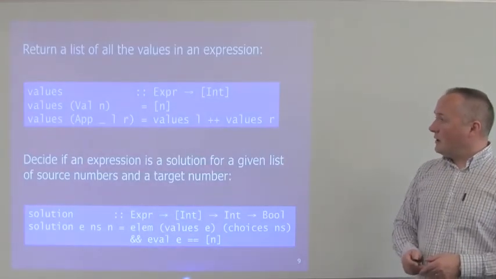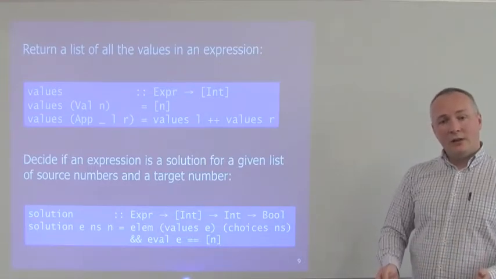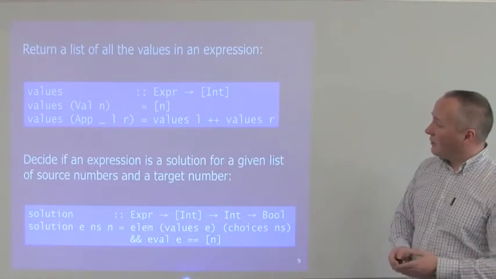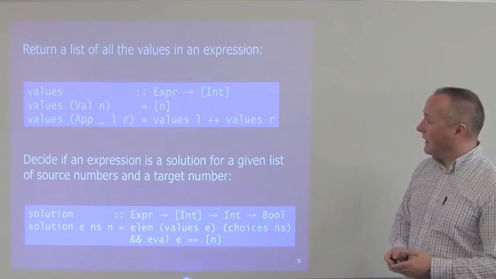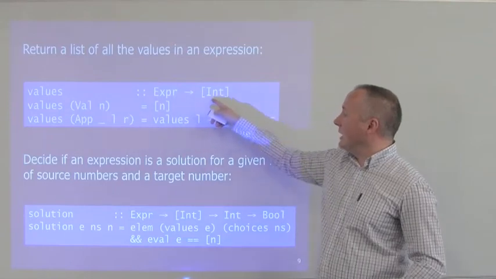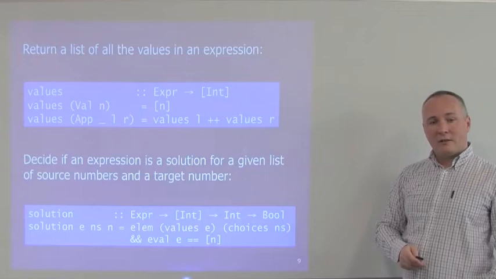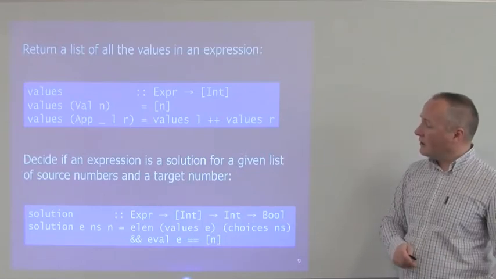The other helper function, which I'm going to use, is simply going to extract all the values from an expression. So I'm going to define a function called values, and it takes an arithmetic expression as its input and gives you back all the numbers which occur in that expression. And this is just a simple application of recursion.